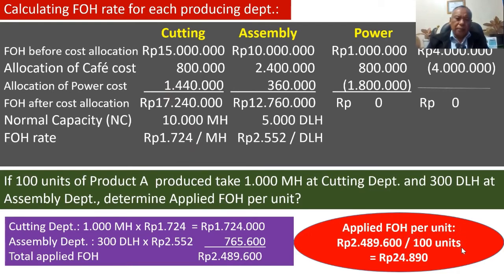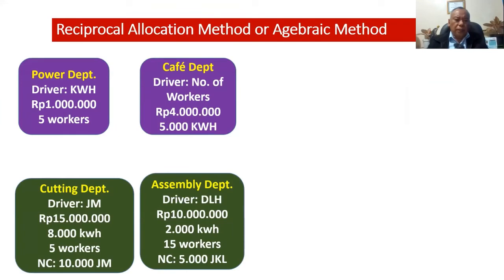The last method is the algebraic method or reciprocal allocation method. So if you are using the reciprocal allocation method or algebraic method, the power department will allocate its cost to the cutting department, assembly department, and cafe department.